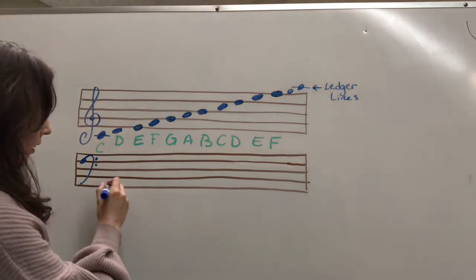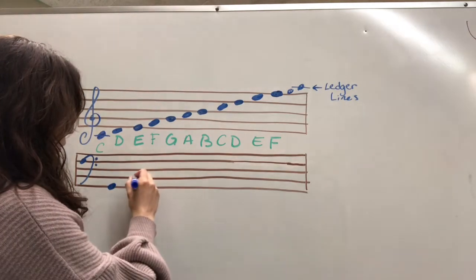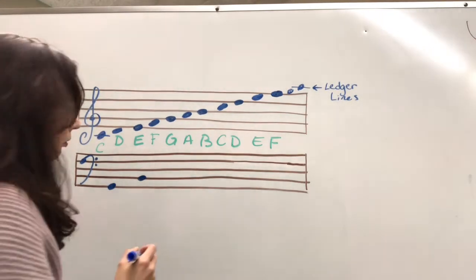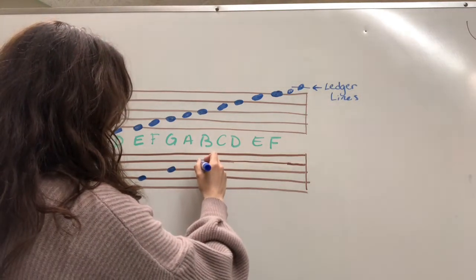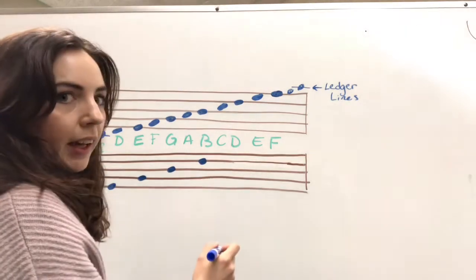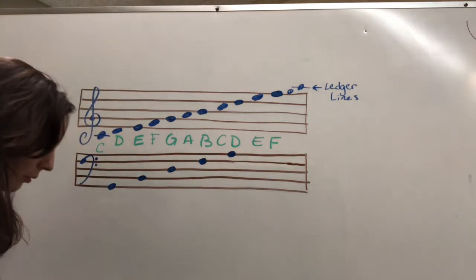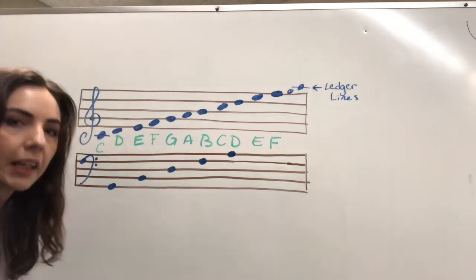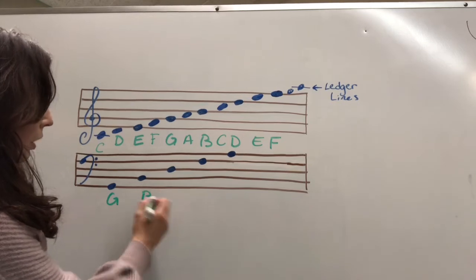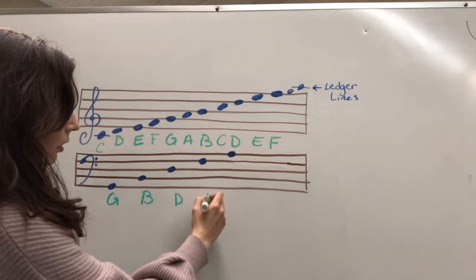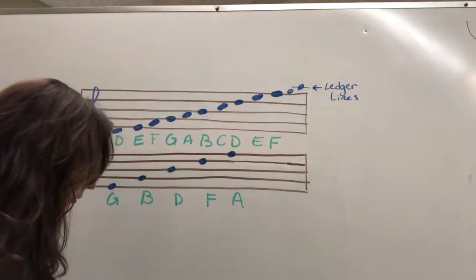So great, that would be a G. Big is B. Ducks is D. Fly is F. And away is A. So I'm going to write those letter names underneath Great Big Ducks Fly Away.